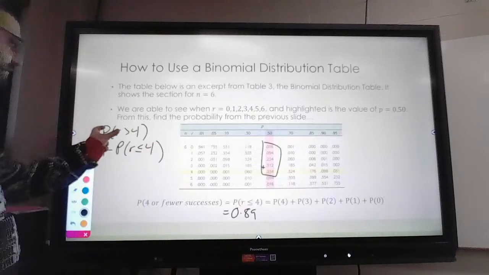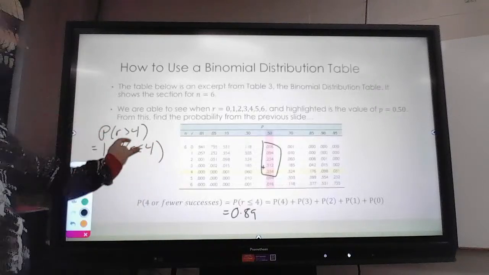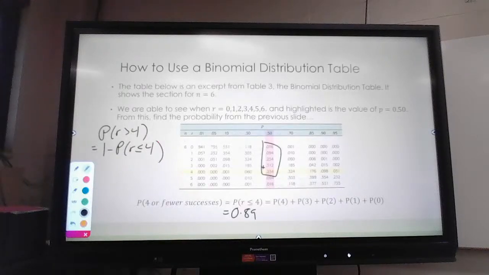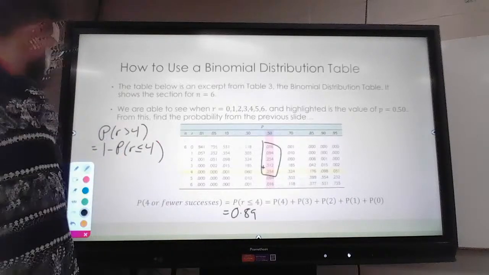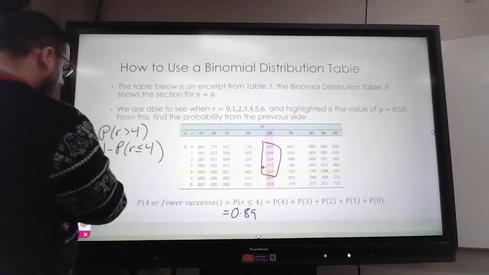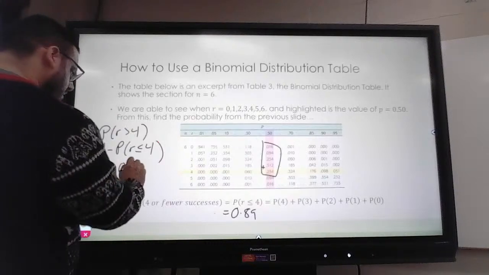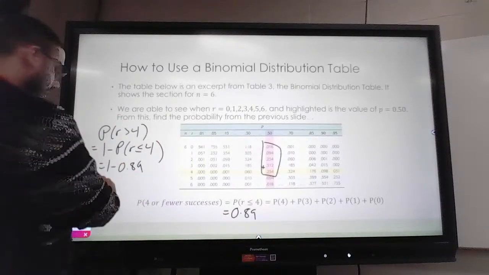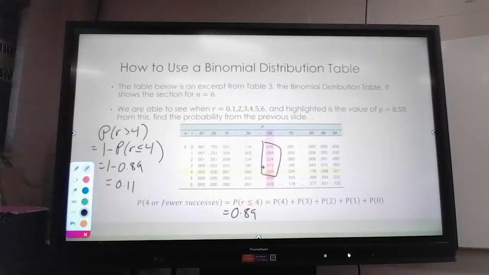R being greater than 4 is the opposite of R being less than or equal to 4. So these two are complements of each other. So if I take the probability that I already have and subtract it from 1, I get 0.11.